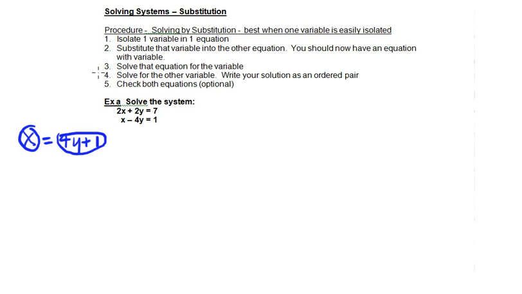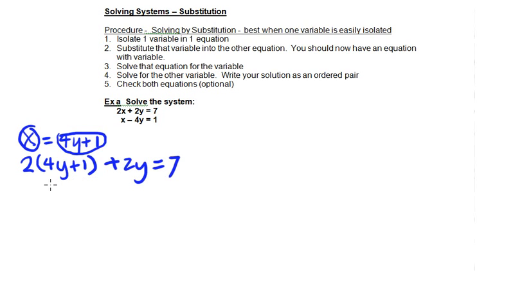So we're going to go to step 2, which says substitute that variable into the other equation. In our first equation, we have 2x plus 2y equals 7, but instead of x, we're going to write in 4y plus 1, and then continue rewriting the equation: plus 2y is equal to 7.